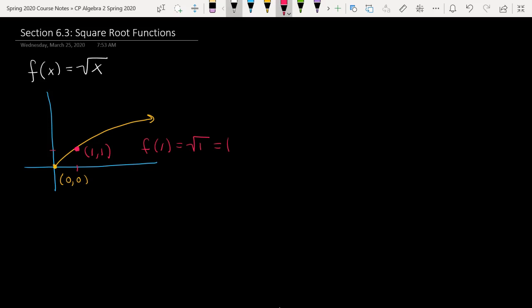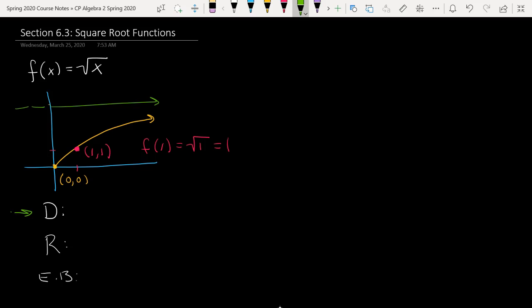But more to the point for today's discussion, I think we're interested in the domain, the range, and the end behavior of this particular parent function. Now remember, the domain has to do with the allowed x values, or the x values that have corresponding y values on the yellow curve here. Our goal here is to read the graph from left to right in increasing x values and see where we start to see y values associated with it, or where we start to see a curve at all.